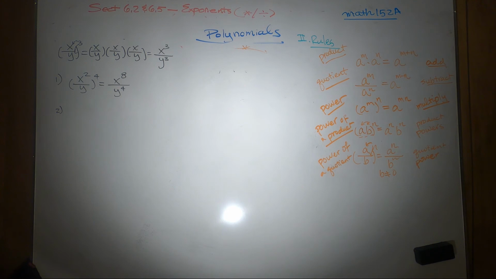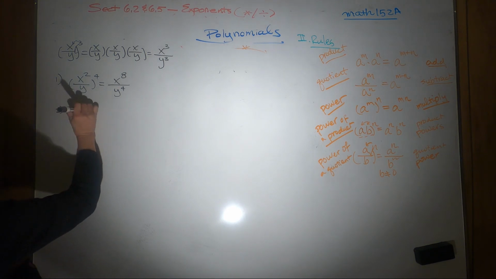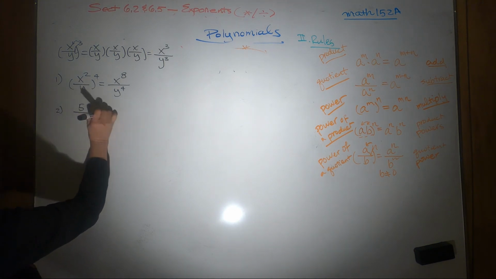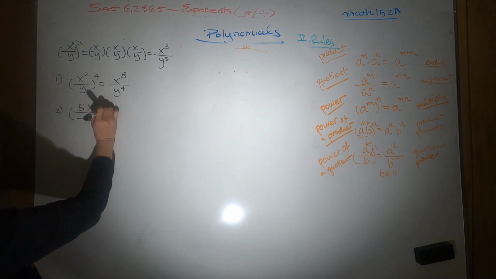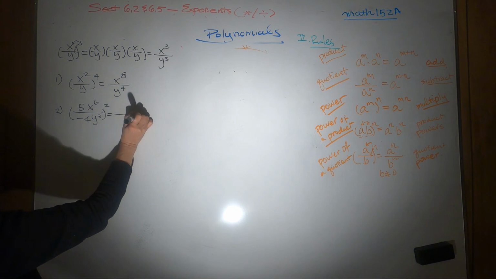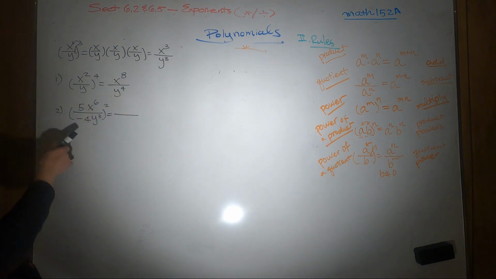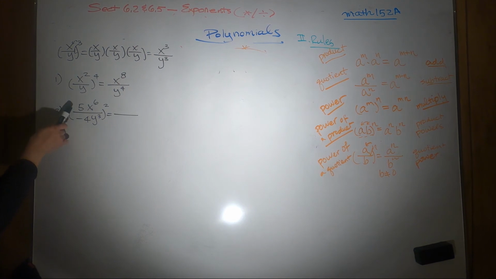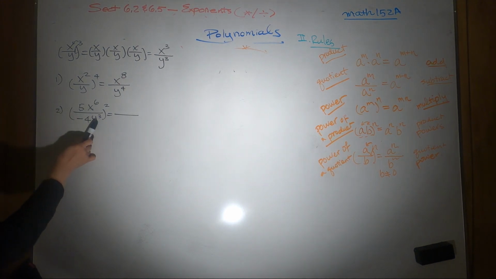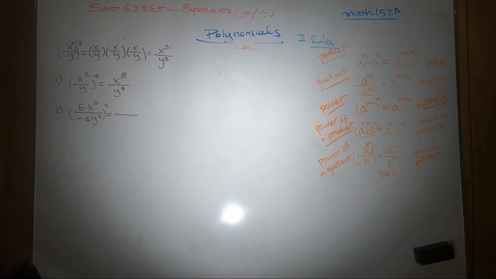And next one, if we have (5x⁶ over negative 4y³) to the 2nd power, what do you think? How many things inside the parentheses? Different things. 5 and x⁶, negative 4 and y cubed, right?